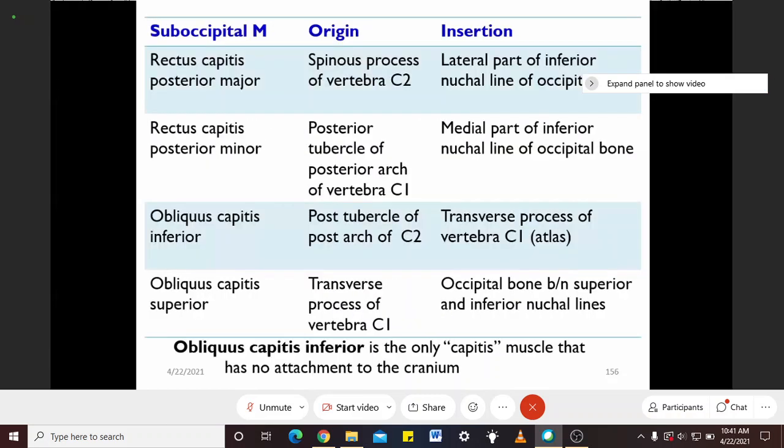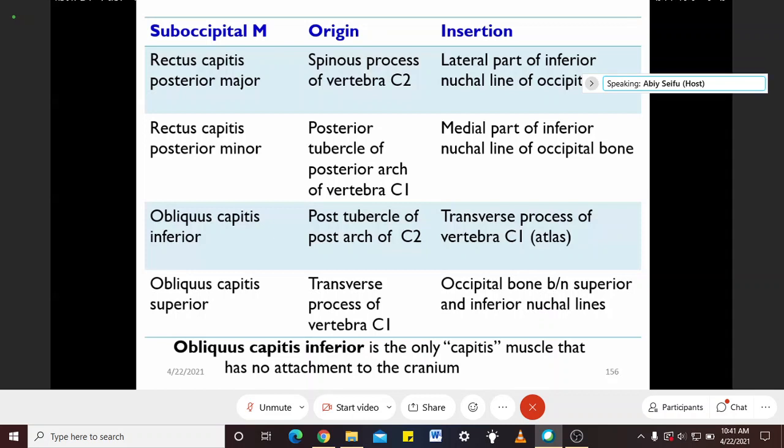Let's see those muscles. This is the table that shows each muscle with its origin and insertion. All of them are innervated by the suboccipital nerve.